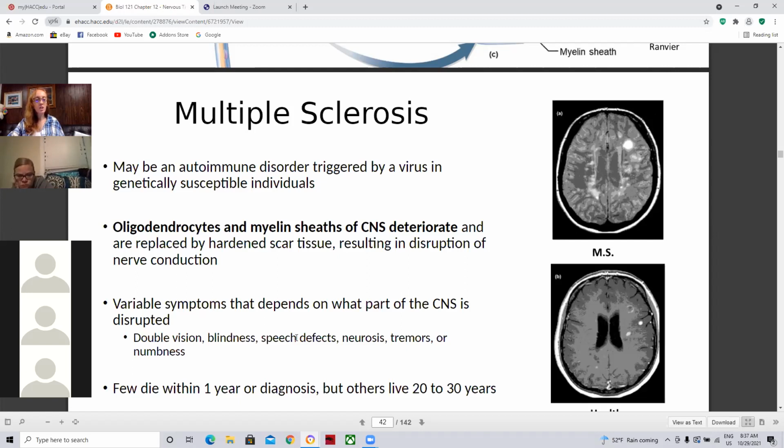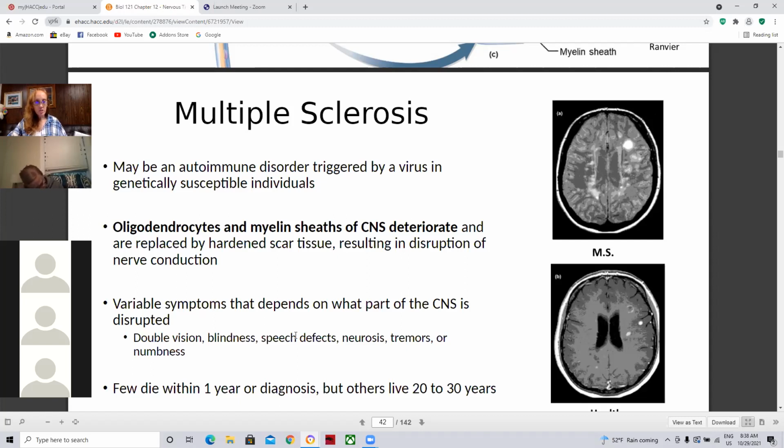Remember what glial cells of the central nervous system put down scar tissue? Do you remember? No, it's been a whole week. So we have 4 different types of glial cells in the central nervous system.